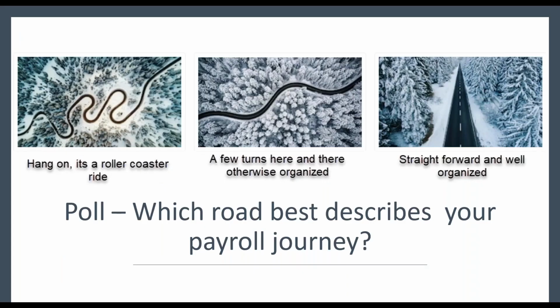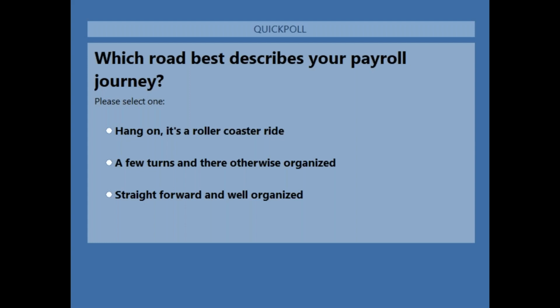So let's kick off our session with a poll. Please take a few seconds to read the 3 items on the screen and let us know what best describes your payroll challenge. So right now we have 3 roads presenting. We have the "hang on, it's a roller coaster ride" road on the left-hand side of the screen.